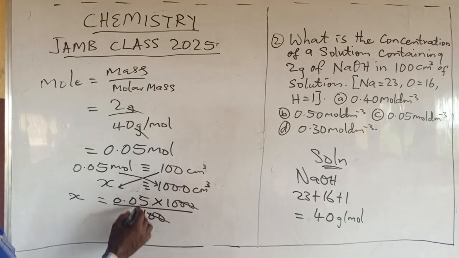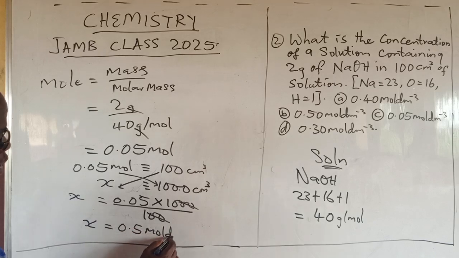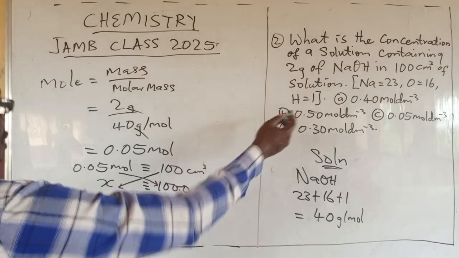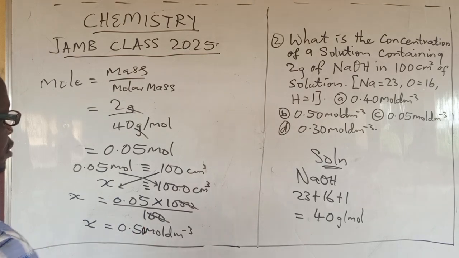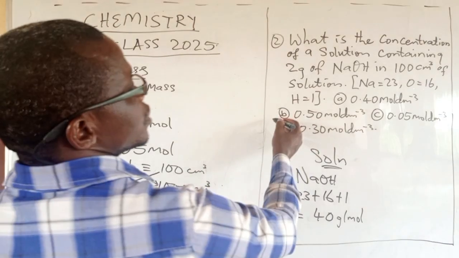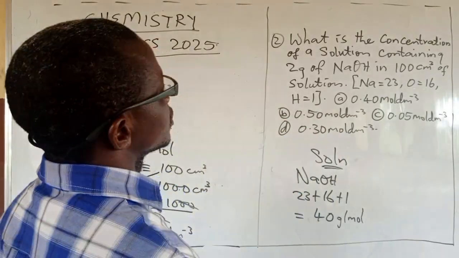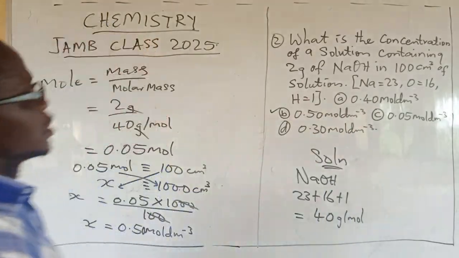Move the decimal point one place to the right, and you have your x to be 0.5 mole per dm cube. Now check the options. I think B is correct. Yes, B is correct. Remember, it's still the same. B is correct. A is not correct. B is correct.